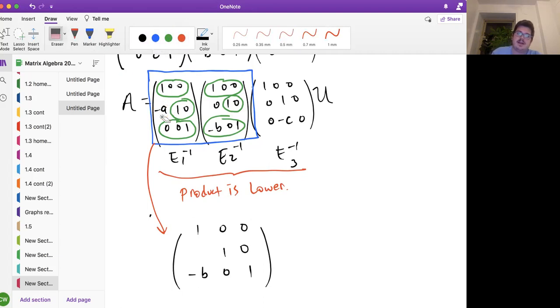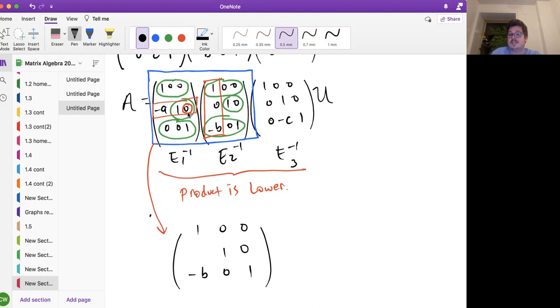It will be the first column, right? So in the first column, notice that there is a 0 here in the third entry, and that will eliminate the negative b part, right? Yeah, thank you.